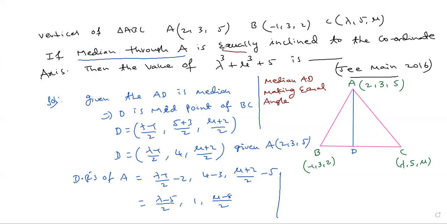This median is making equal angles with the coordinate axes. If this makes equal angles with the coordinate axes, therefore all DRs should be equal. This point itself is important.